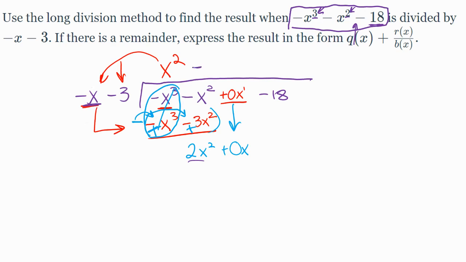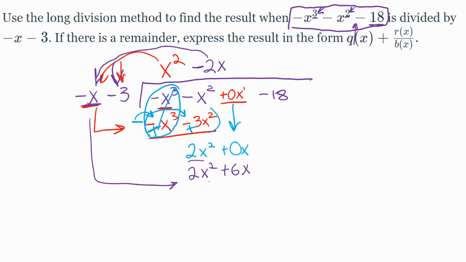It's got to be multiplying by a negative 2 and one more x. So then I take that negative 2 and distribute it to both of these terms out in front and bring the result down below. So that should give me a positive 2x squared. And then I take that negative 2 times the negative 3 to get a positive 6x.